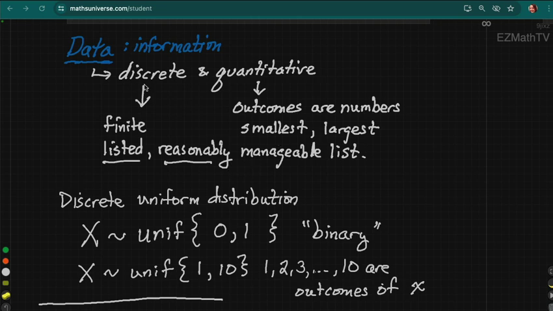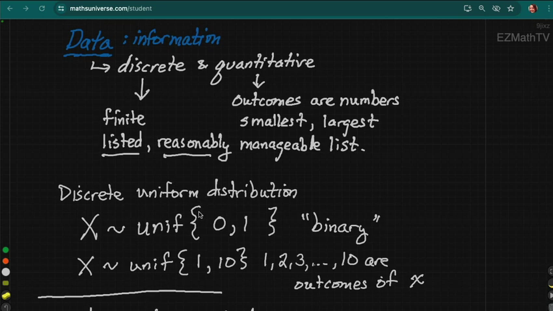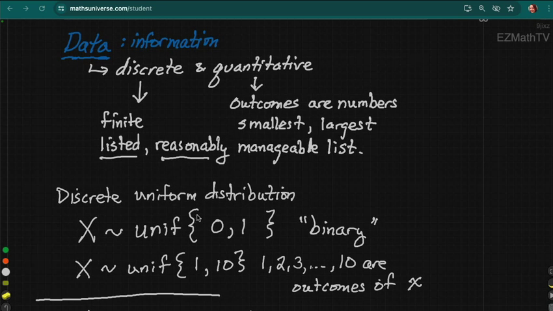So it's both discrete and quantitative. And the type of distribution we're going to be learning about or creating data for is something called the discrete uniform distribution. The discrete uniform distribution is something in statistics that has to do with outcomes that are all equally likely.